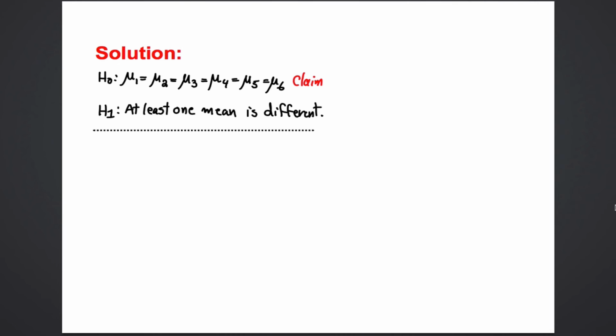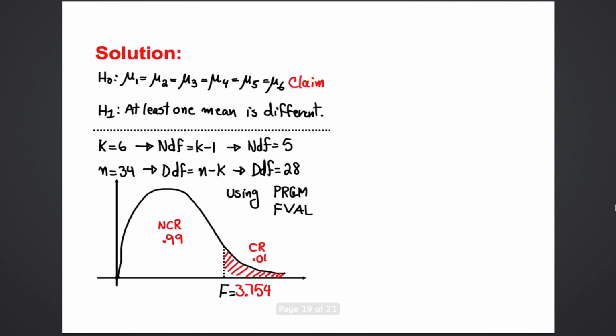Okay, so K was equal to 6, so the numerator degrees of freedom will be 5. The total sample size is 34, so the denominator degrees of freedom will be 34 minus 6, so it's 28. And like I said, it's always going to be a right tail test.